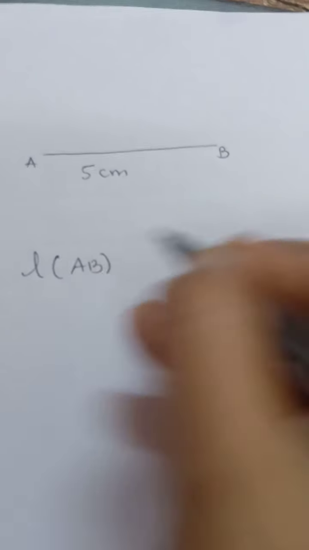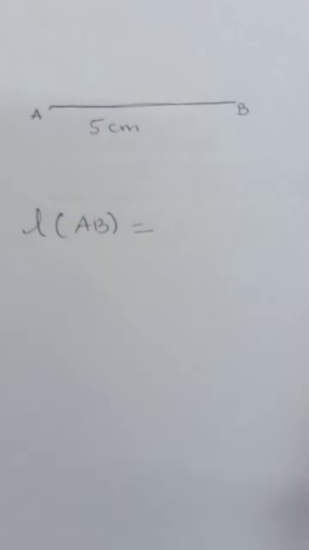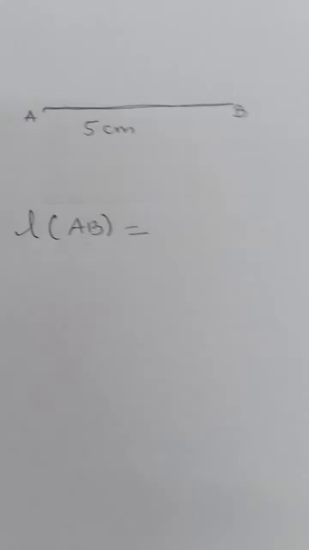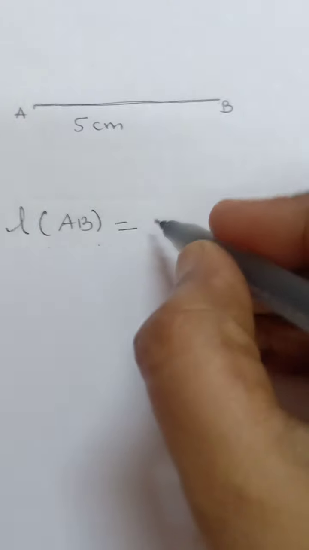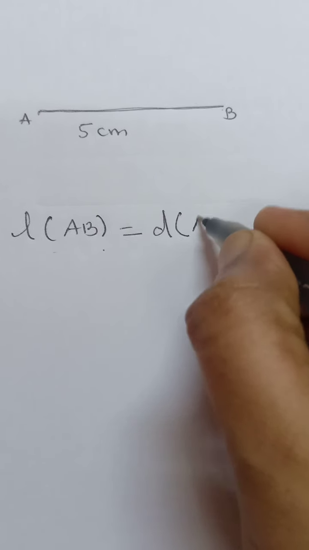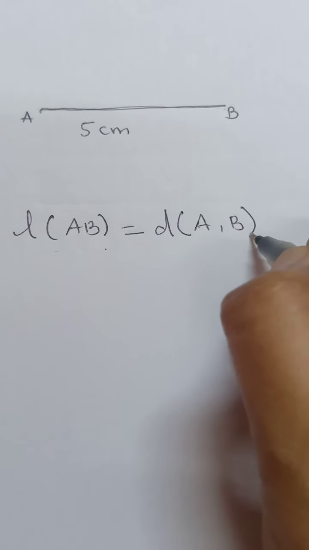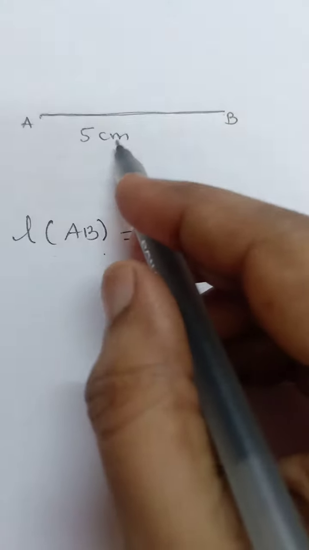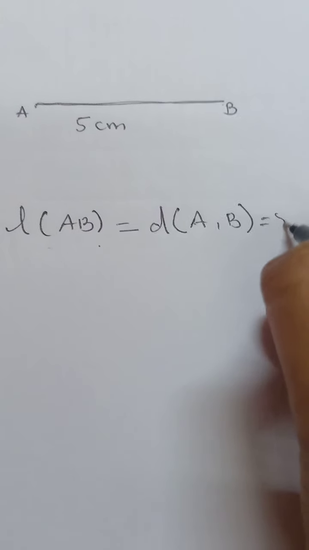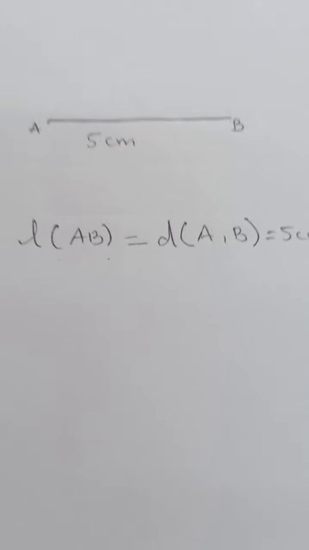The length of AB is nothing but the distance between these 2 points, point A and B, because the distance between these 2 points is the length of this segment. So the length of AB, or the distance between points A and B, is given as 5 centimeter.